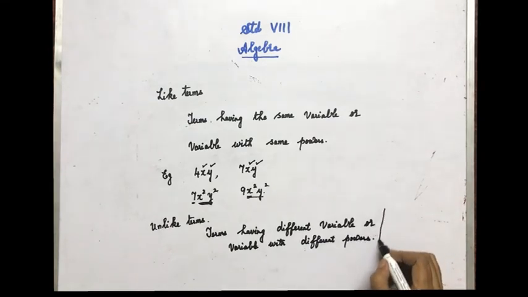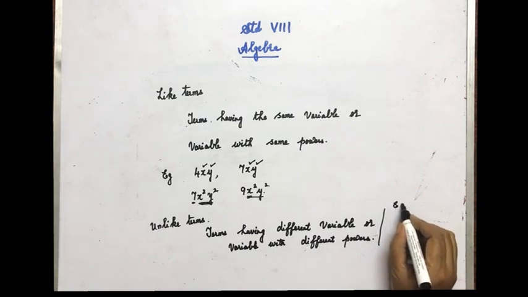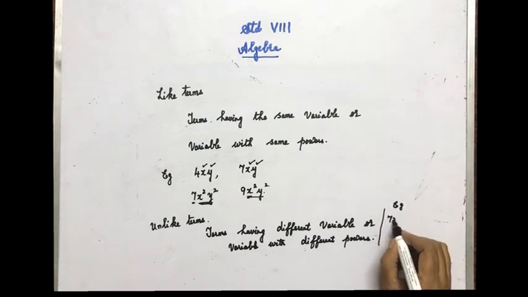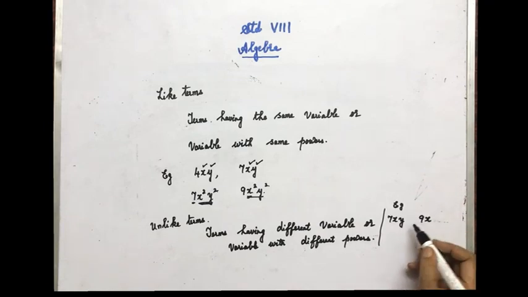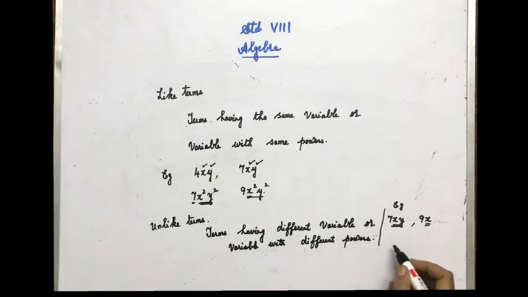For example, 7xy and 9x. Here we are having two variables. Here we are having only one variable. So these are unlike terms.